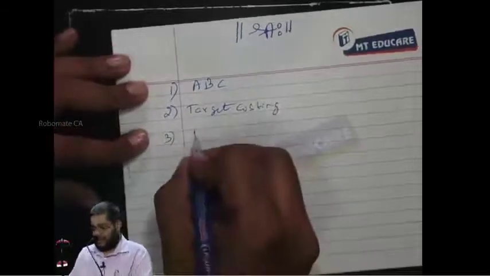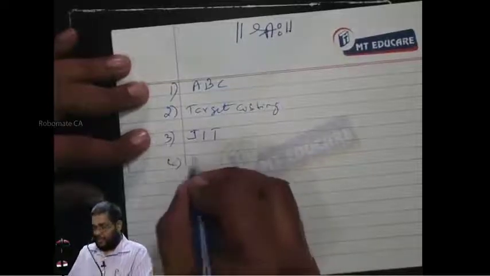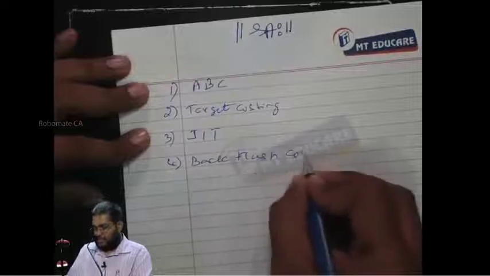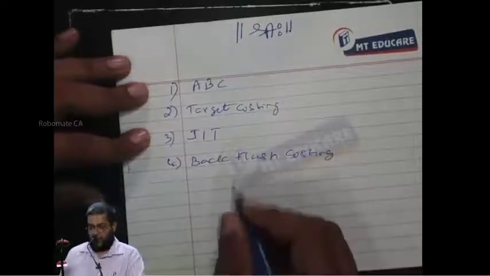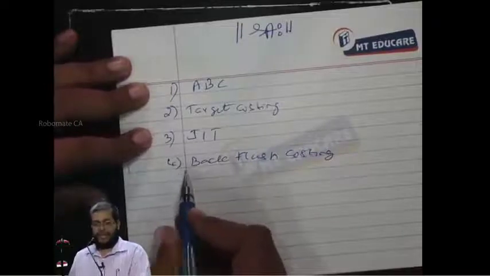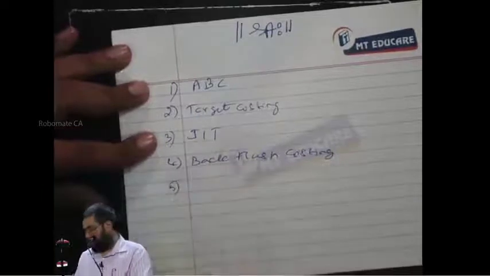The third is JIT, which means just in time. Fourth is backflush costing. Very important, because recent RTPs have problems from backflush costing. This is point number 4.